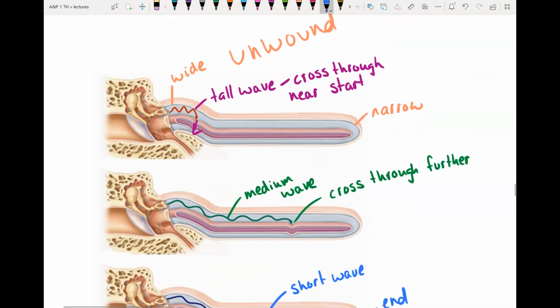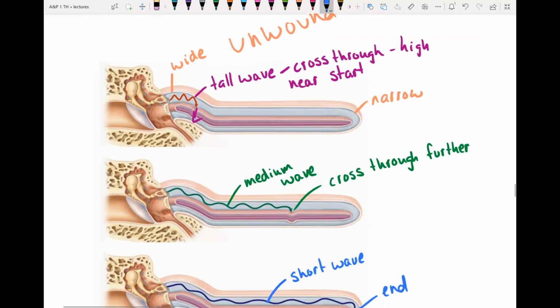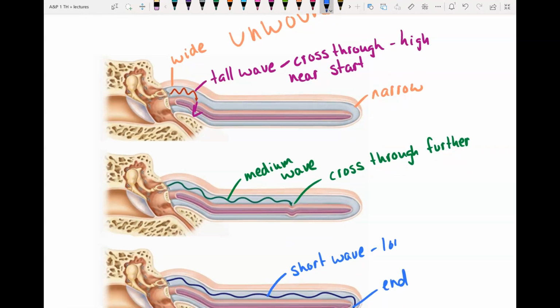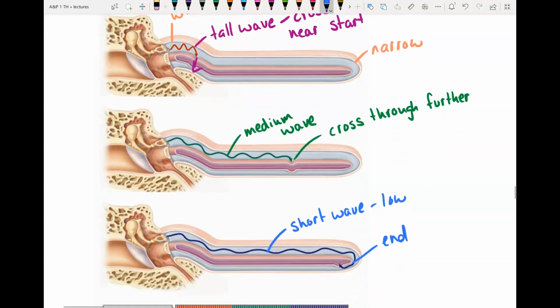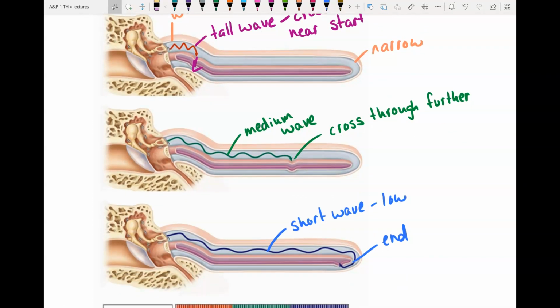Okay, tall waves are high-pitched sounds. Short waves are low-pitched sounds. So you can detect different sounds based on where they cross through. So when this cilia signals the brain, your brain knows that it is a high sound.